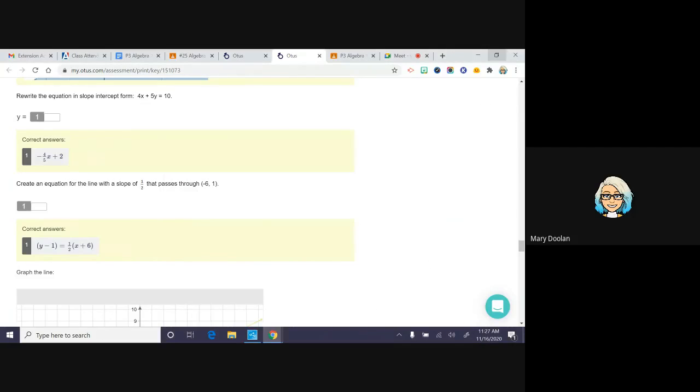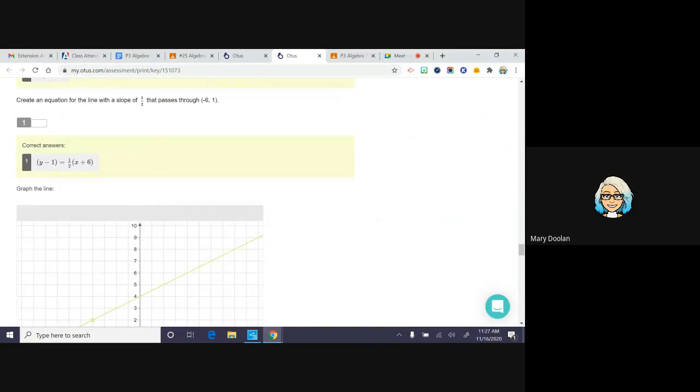Create an equation for the line with a slope of 1/2 that passes through the point -6, 1. So this is point-slope form, where it's y minus the y coordinate, which is 1, equals the slope 1/2 times the quantity of x minus the x coordinate.